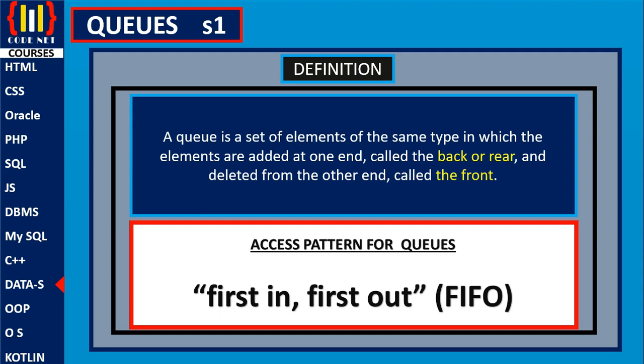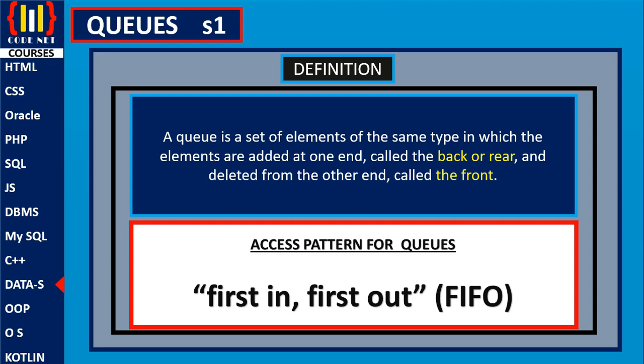If you are at a bank, you can denote that the person at the front is the person that arrived first, and we don't expect the person at the very last end to withdraw the money faster than the person at the front. No, that's how queues work.